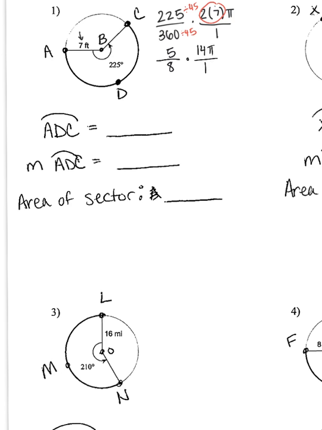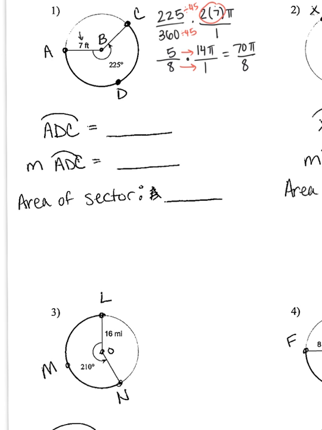Now I can go ahead and multiply straight across. 5 times 14 gives me 70 pi. And 8 times 1 on the bottom gives me 8. Before I put this as my final answer, I want to check and see if this is divisible by anything. Well, both of these numbers are even, so they're at least divisible by 2.